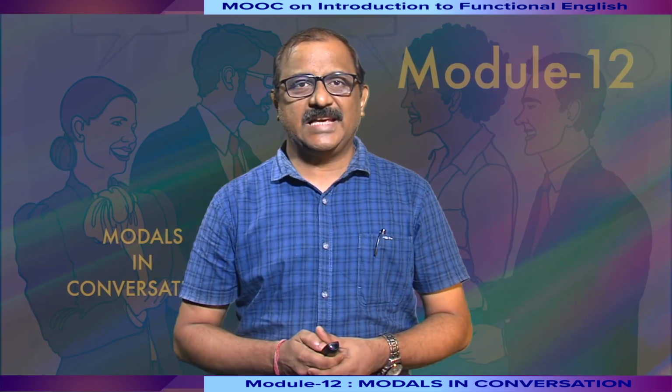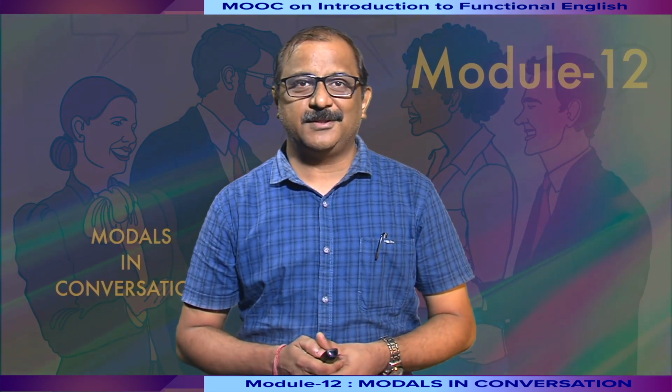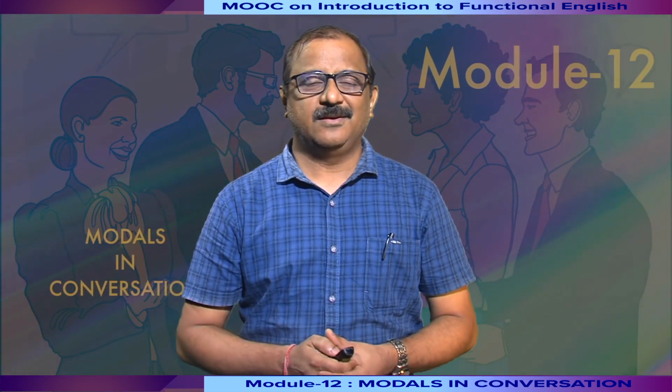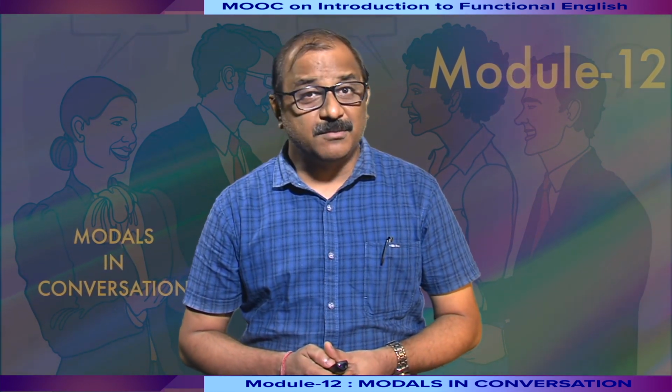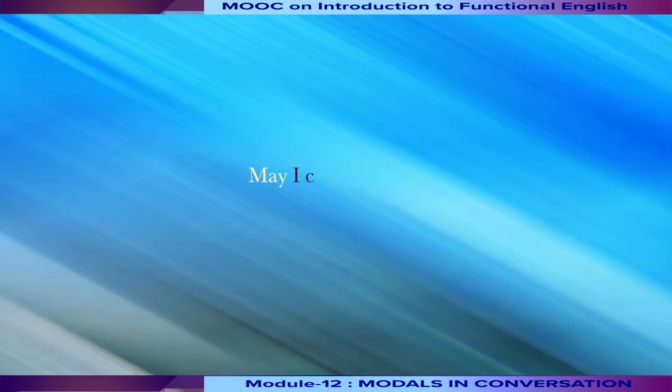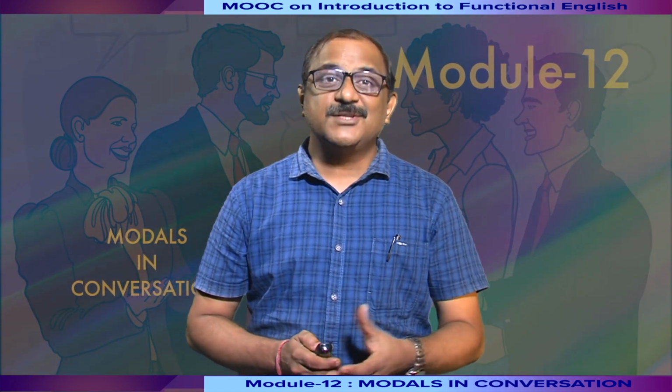Okay, the next in line is may, which is also the name of a month, the fifth month in our calendar. May, I think all of you are familiar. May is generally used to seek permission. Okay, may I come in? Okay, so in the form of a question. Okay, may I come in? So granting permission. Expressing possibility.